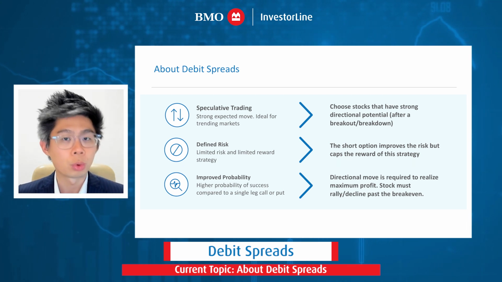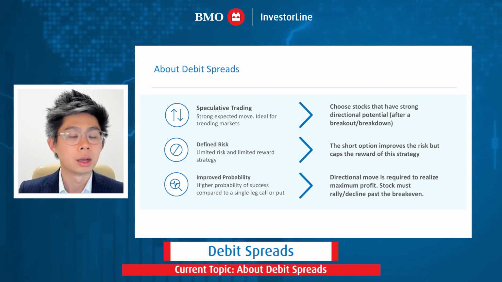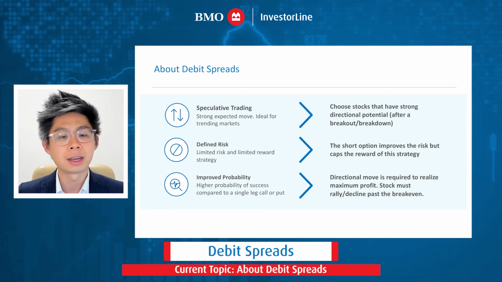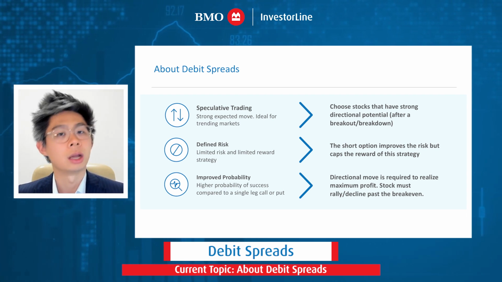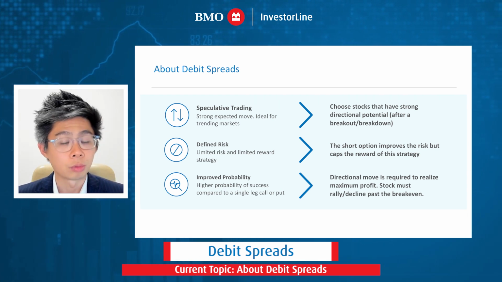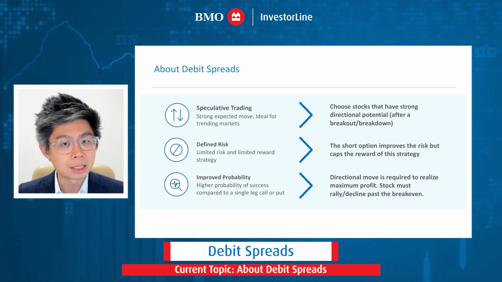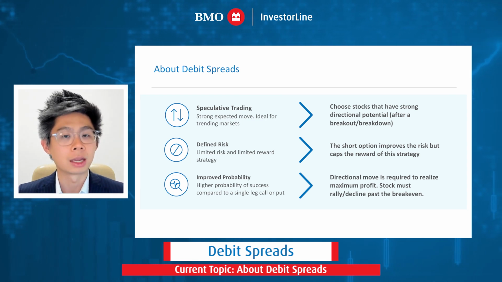One of the most important ones about debit vertical spreads for most investors is the fact that it has defined risk. Not only does it have limited risk, it also has limited potential reward. What that means is that before you get into a trade, you know exactly how much you can potentially lose or gain.